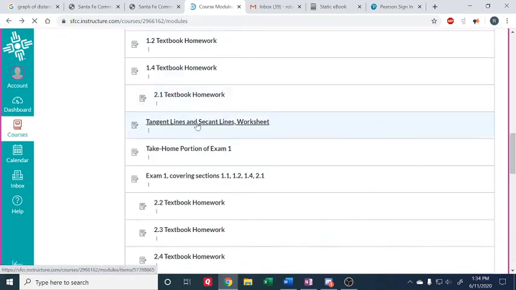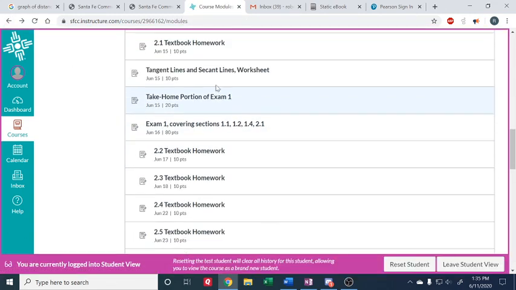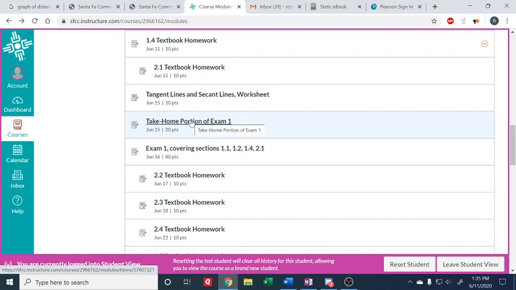Now, what I want you to do in between Monday and Tuesday when we have the exam is get together with the members of your group and go over your take-home answers to make sure that everybody really understands and is comfortable with the answers they're getting.